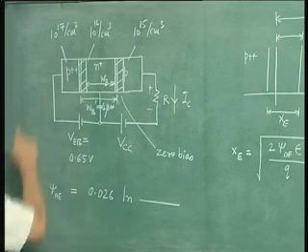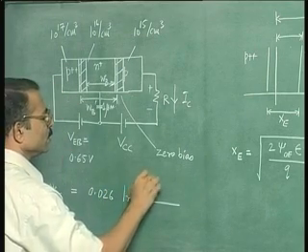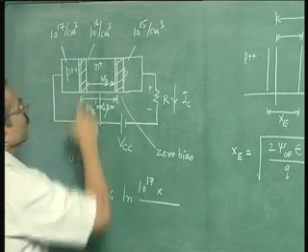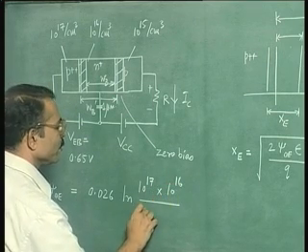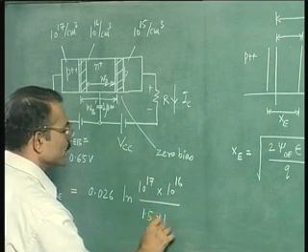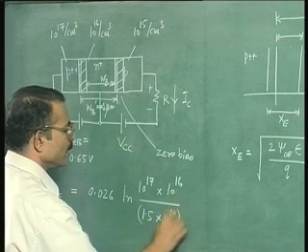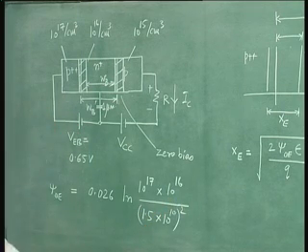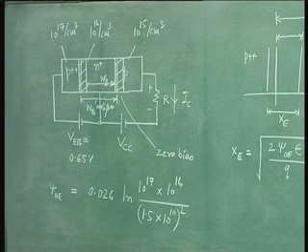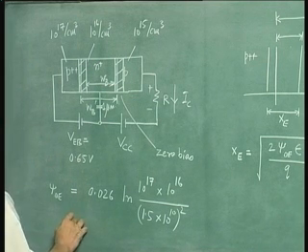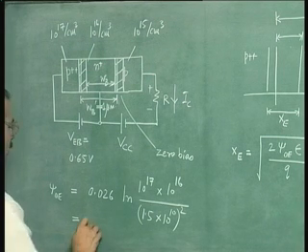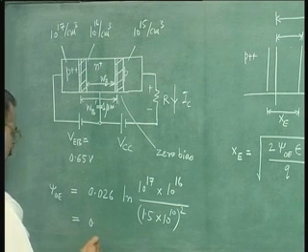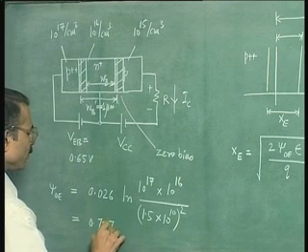So Ne is 10 power 17, Nb is 10 power 16, and at room temperature Ni is 1.5 into 10 power 10, so Ni square. So this is the contact potential. Now when you solve this, you will end up getting a value of 0.757 volts.